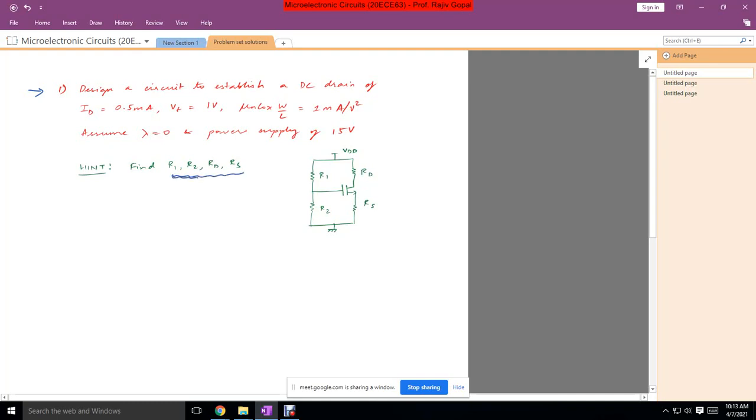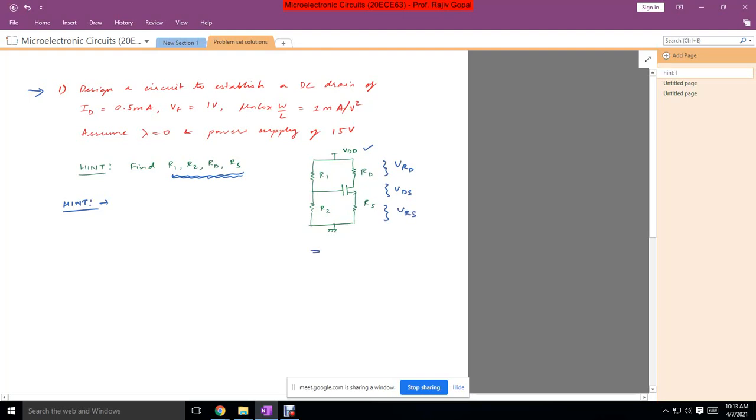Another hint I forgot to mention: this VDD which is connected here is distributed equally among these three components, RD, the transistor and RS, in the form of VRD, VDS and VRS.